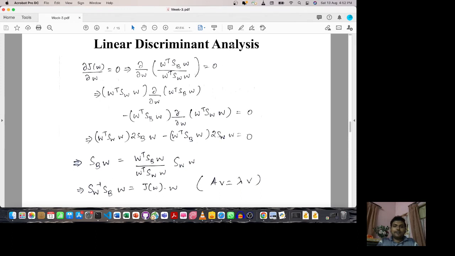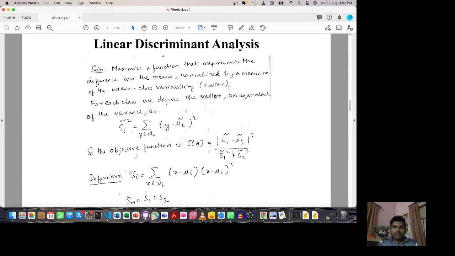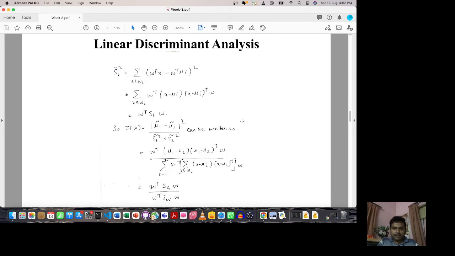So how do we do linear discriminant analysis? We take SB, which is defined as mu1 minus mu2 into mu1 minus mu2 transpose. We define SW as the sum over each class of x minus mu i times x minus mu i transpose.